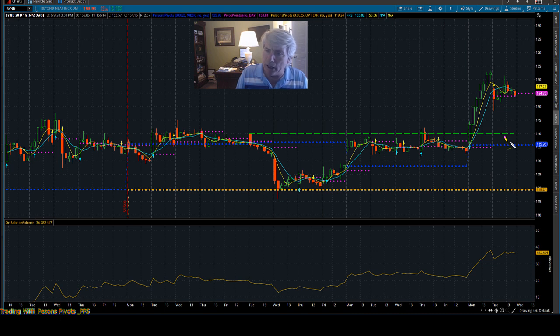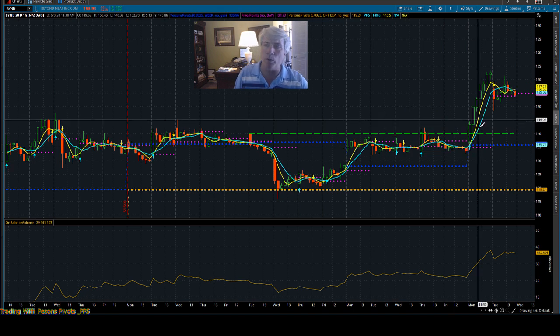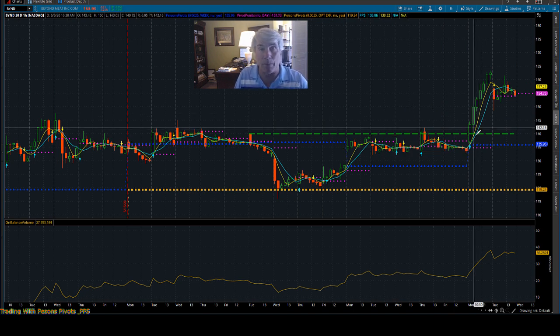Well, the blue line represents the Person's Pivot point for the week, and the fuchsia represents the daily pivot point. Now, traditionally, when daily pivots are greater than the weekly pivot point, that is expressly bullish.